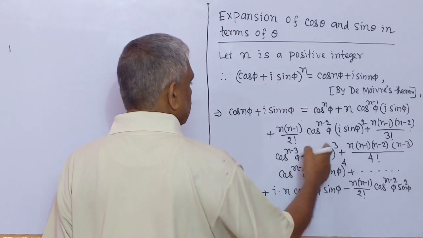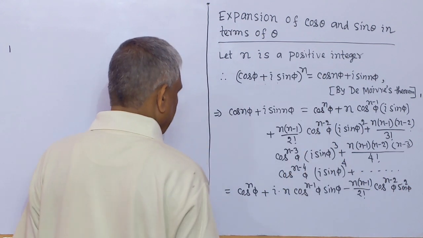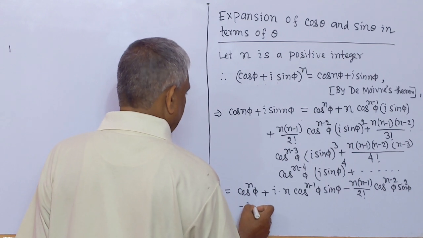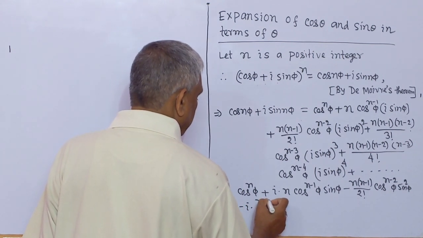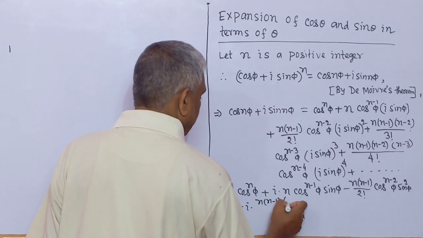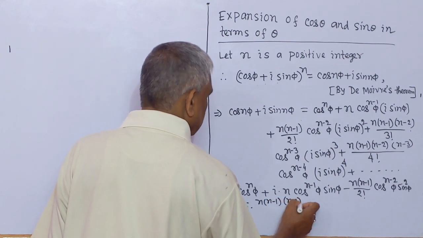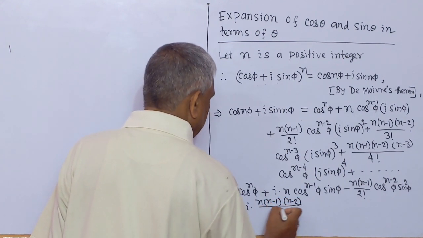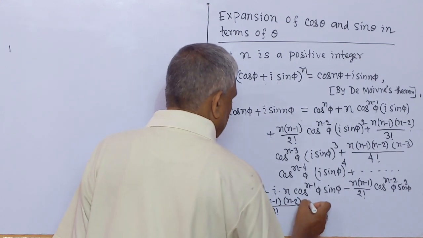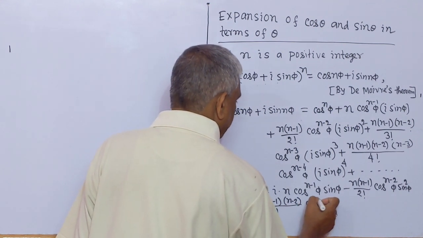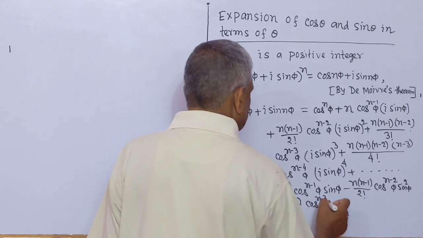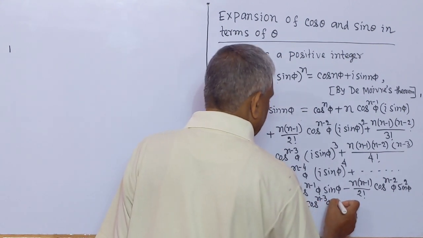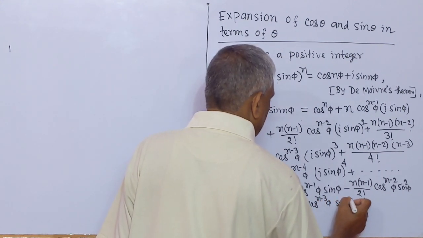Here i cube is minus i, multiplied by n(n minus 1)(n minus 2) by factorial 3, cos to the power n minus 3 phi, sin cube phi.